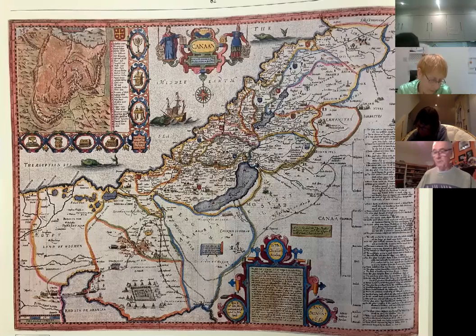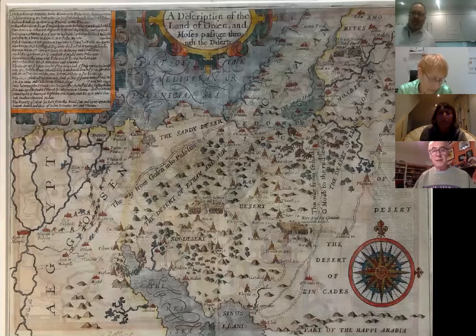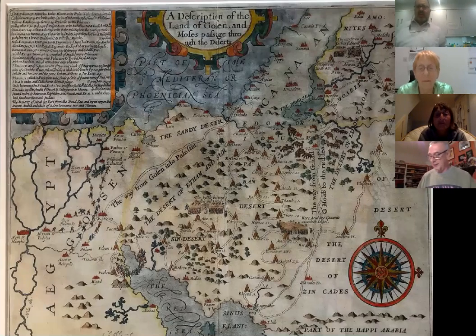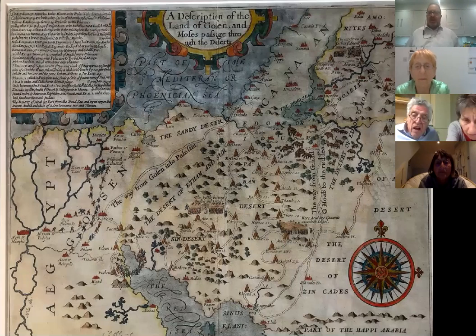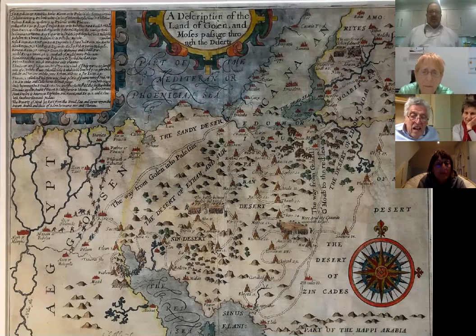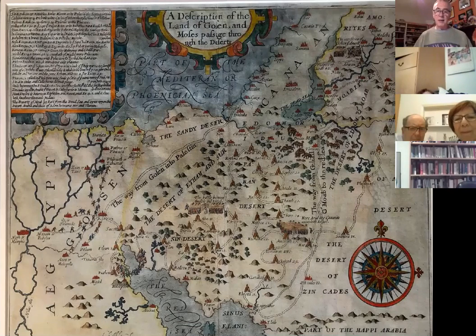This one is a second map by Speed. It gets in here because it sits in the house of Feldman. This shows the journey of the children of Israel through the desert for the 40 years. You can see there the way from Goshen to Palestine, and you can see a number of the sites, the places that are named in Exodus, shown on this map.